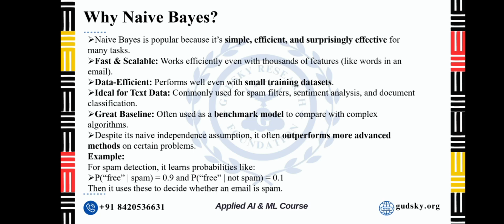It still performs amazingly well on real-life text data, and that's why it's often used as a benchmark model to compare against more complex algorithms. So, in short, it is simple, interpretable, and efficient. That's naive Bayes, and this is why naive Bayes is so important for machine learning.